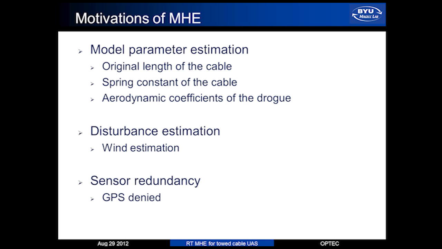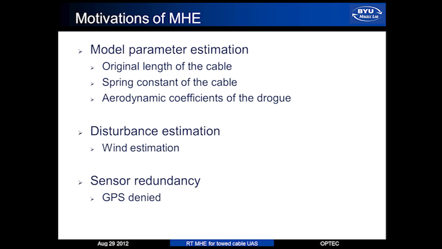So we have a lot of parameters that we cannot measure, like the spring constant of the cable during the flight, also the aerodynamic coefficient of the joke, and also some other disturbance, like the wind, which is not estimated well using the current software.